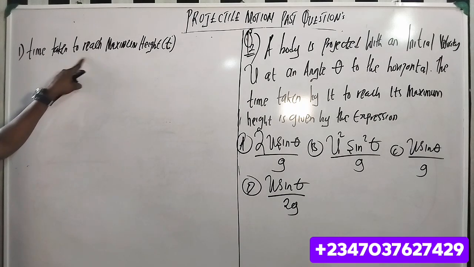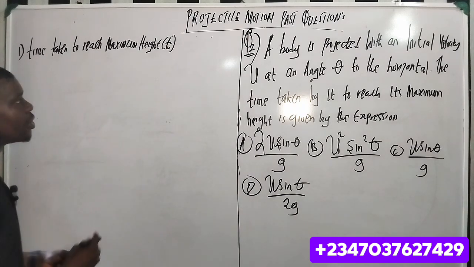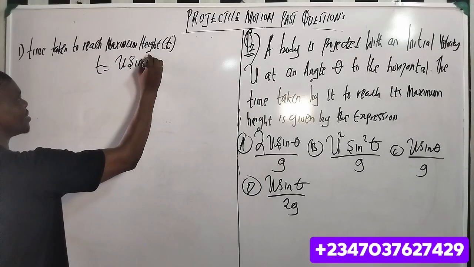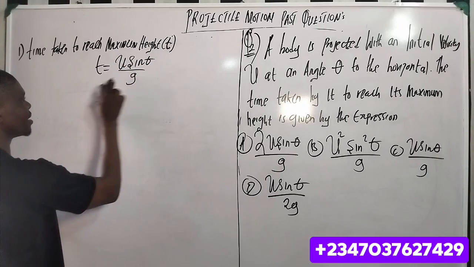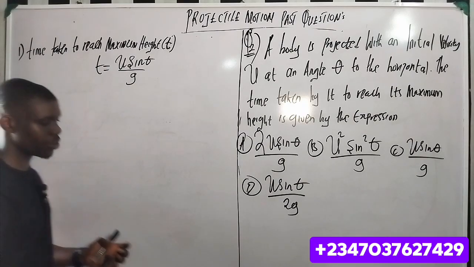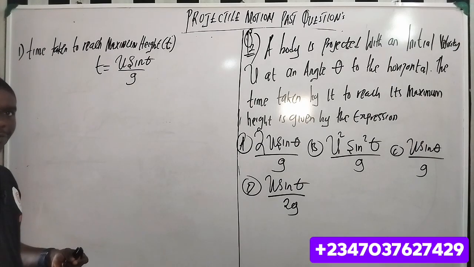Time taken to reach maximum height, and it's very easy. t equals u sine theta over g. That is it. u sine theta over g.